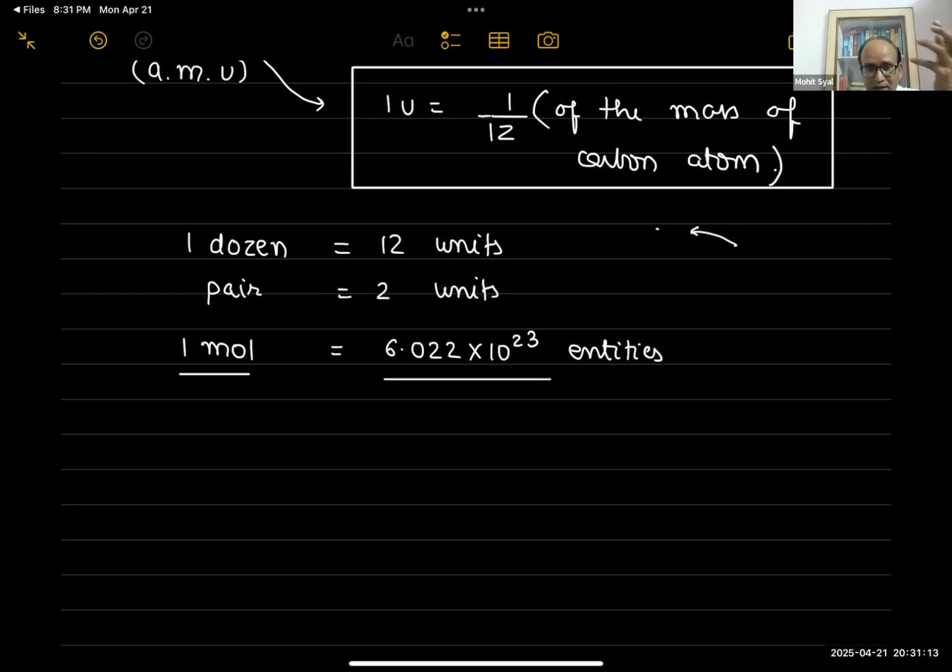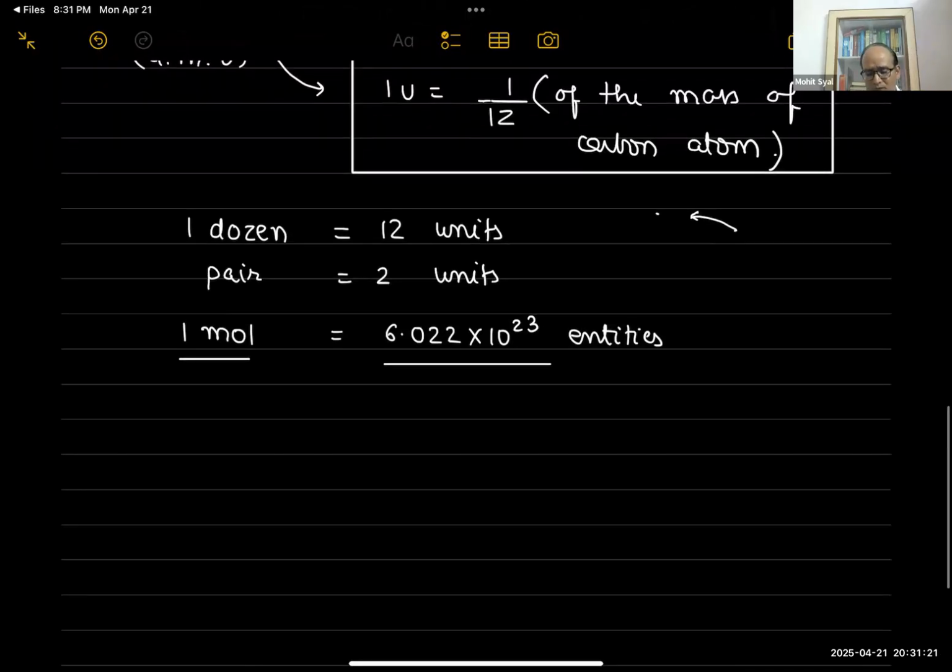So it is just like a dozen, but a dozen had just 12 units, a pair had just 2 units, and this has a very large number of entities. What is this number known as? It is represented by NA, and its name is Avogadro.